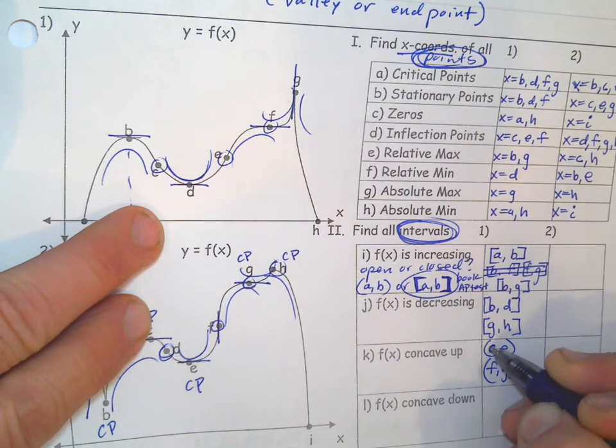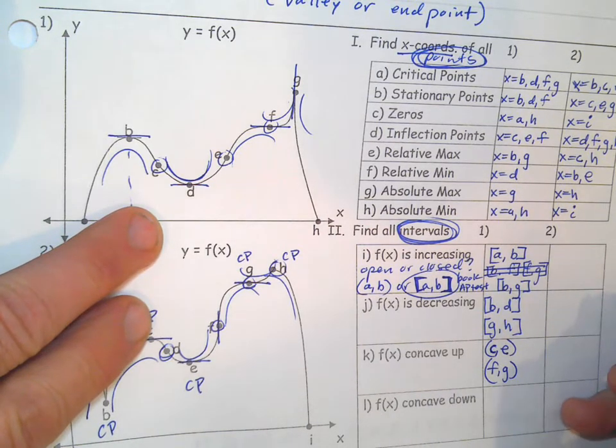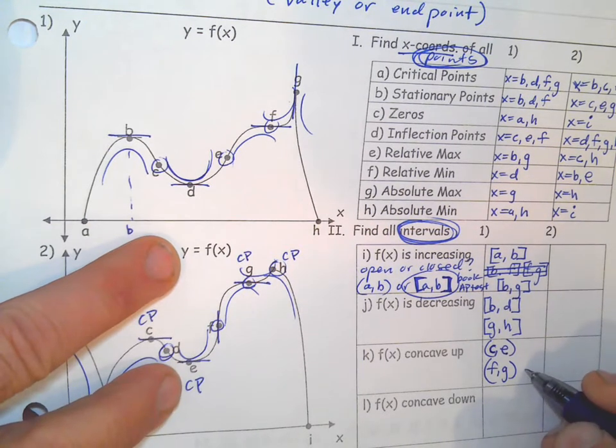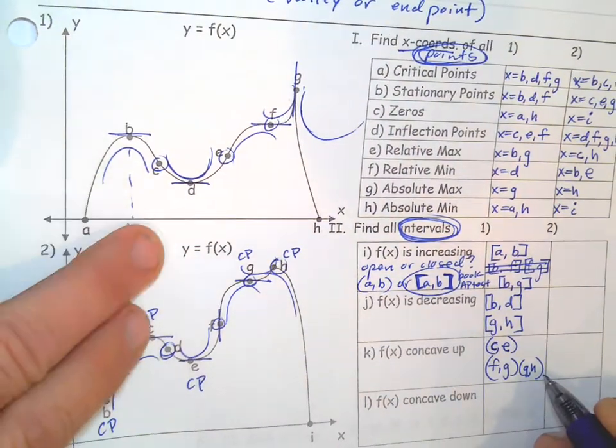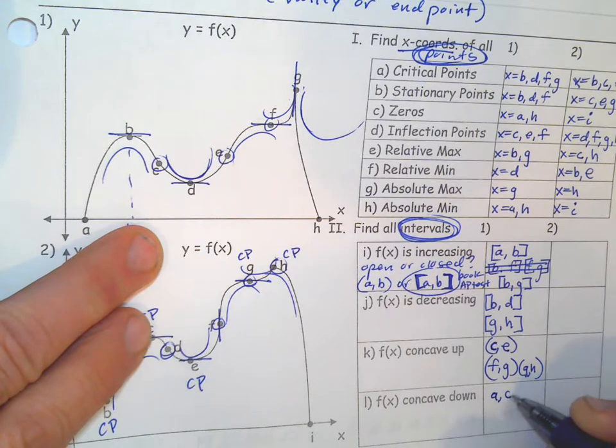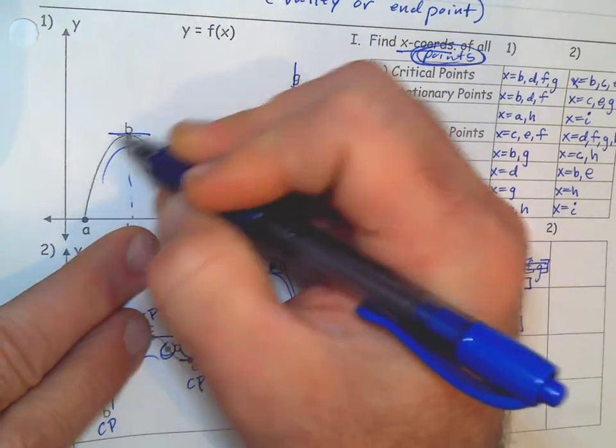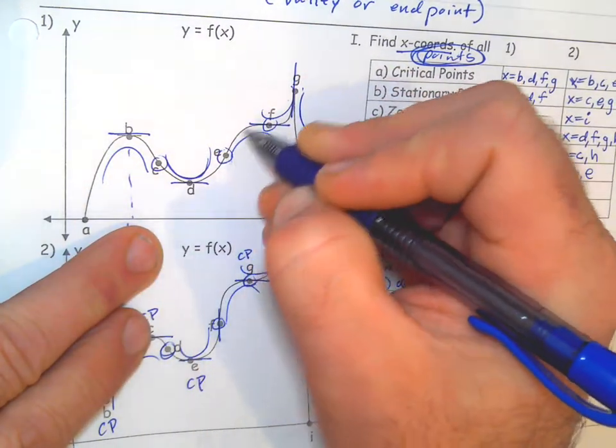We never include the endpoints for concavity. So C to E, F to G, and then also G to H is concave up. Concave down would be A to C, and then E to F.